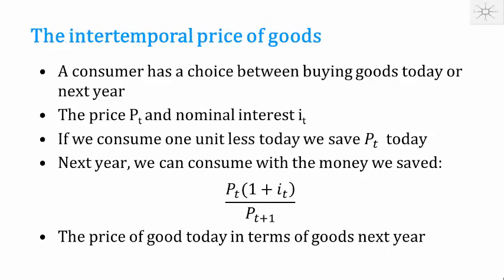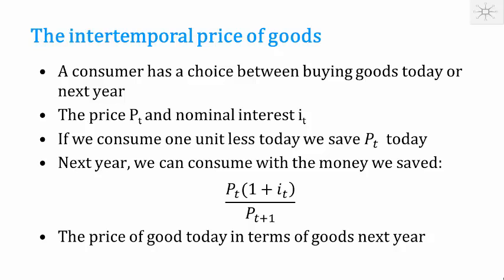So consider a consumer. The consumer has a choice between buying goods today or saving the money and buying goods next year. Let the price of a basket of goods that you buy be P and the nominal interest I. Consider the trade-off.